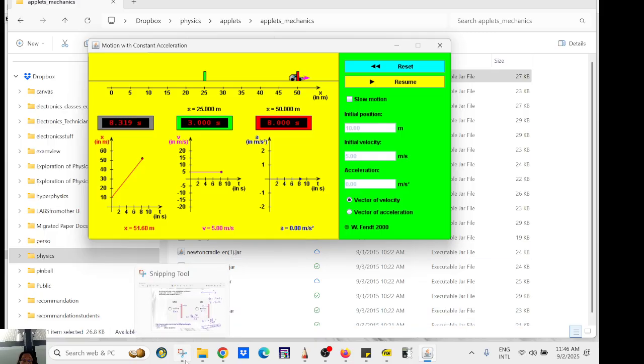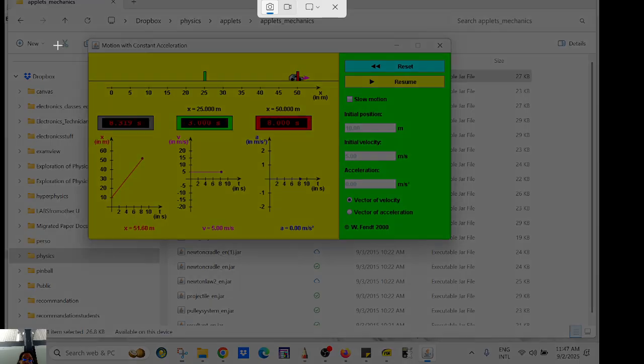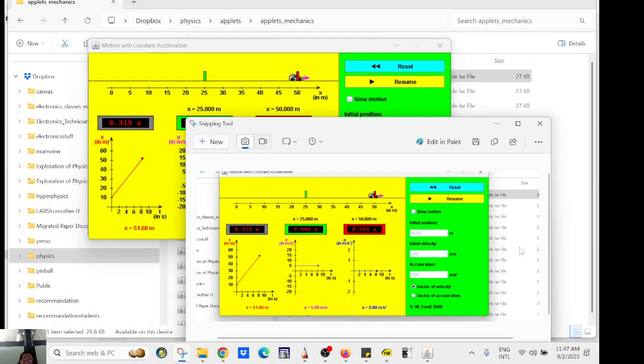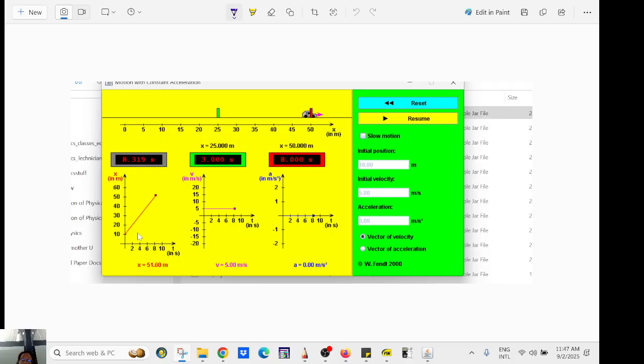So if I want to write the equation, I have a kinematic equation here. There is no acceleration. X equals initial position plus 5t. So it's like y equals b plus mx, right? So that will be your kinematic equation for a constant velocity.